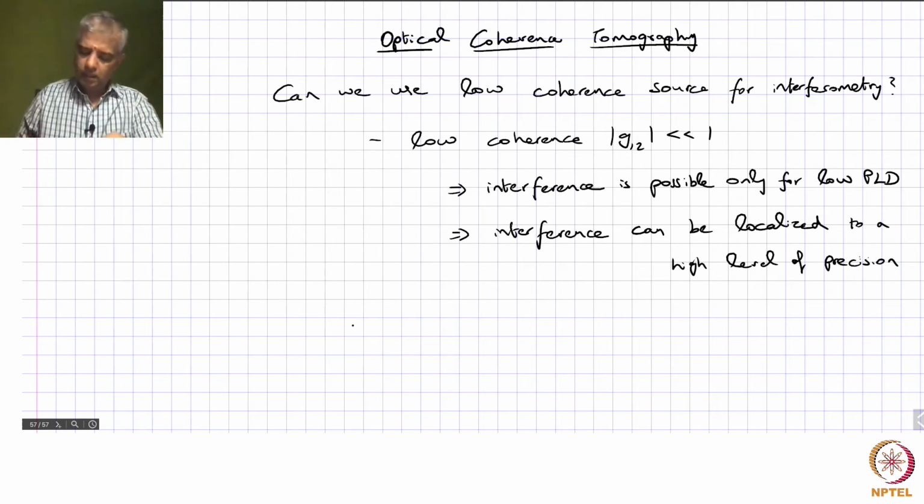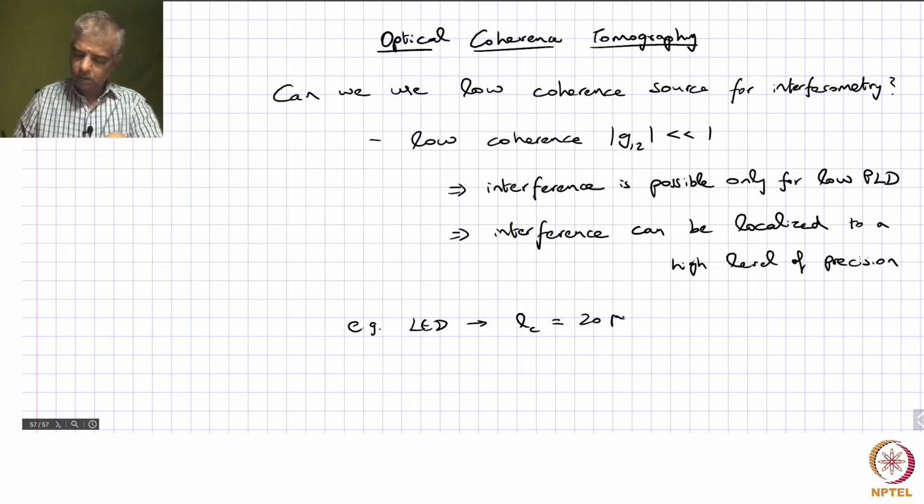So let's take the example of an LED, which has a coherence length of 20 micrometers.